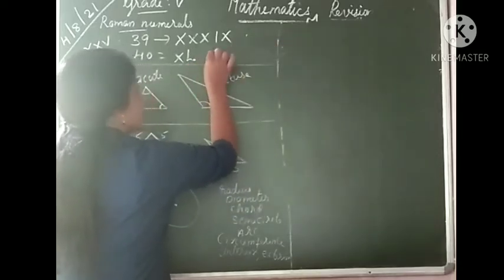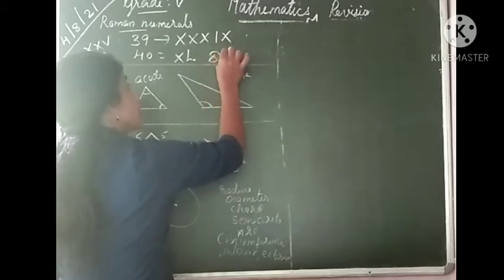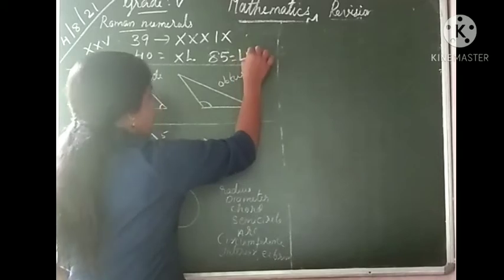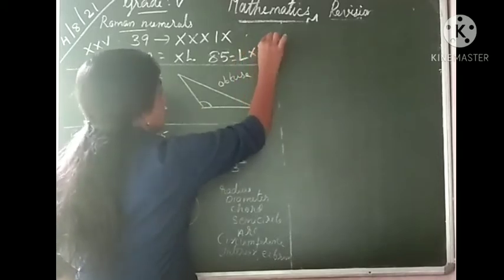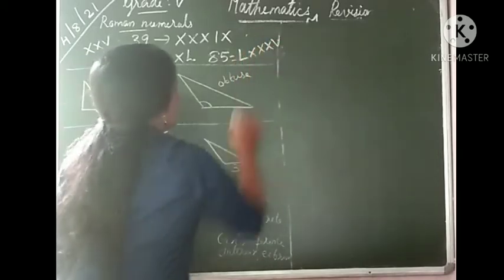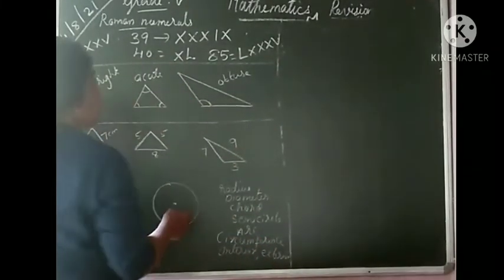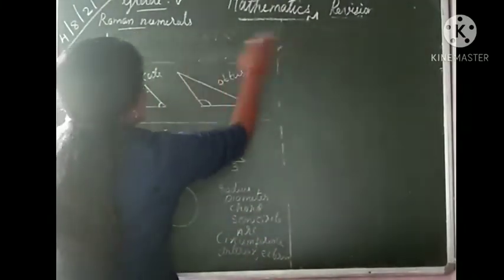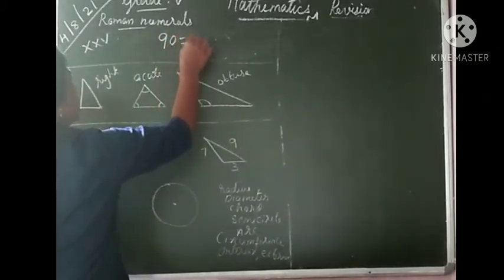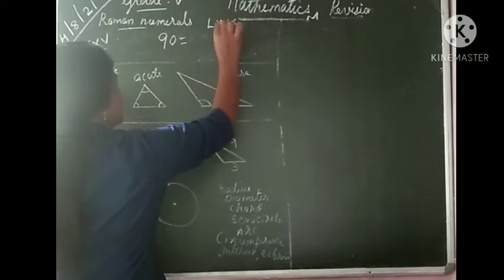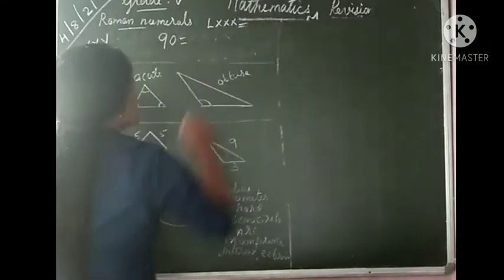Then how can you write 89 or 85? How can you write 80? 50, 60, 70, 80. 80 and 5. Therefore we repeated 3 times, so you can remember. What about 90? How can you write 90? We can't repeat. This is L, X, X, X. 80 is finished, we can't write more here.